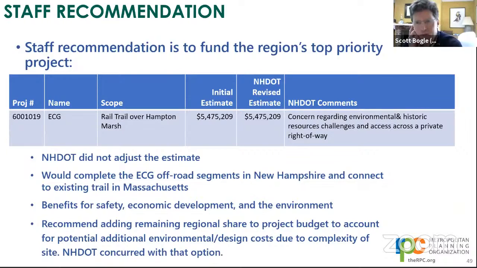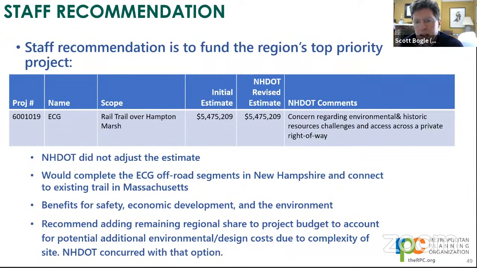So the benefits for the trail as a whole include a safer transportation facility for walking and biking as an alternative to doing that along Route 1 to get within and between communities, and a recreation facility. Based on a couple of studies, we think that this has significant potential to be an economic catalyst for the southern Route 1 corridor communities.